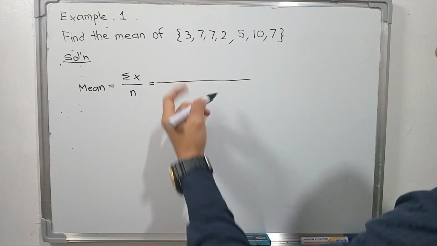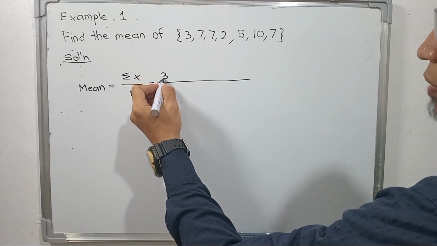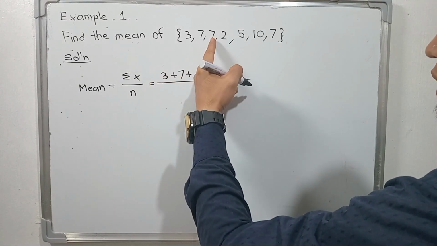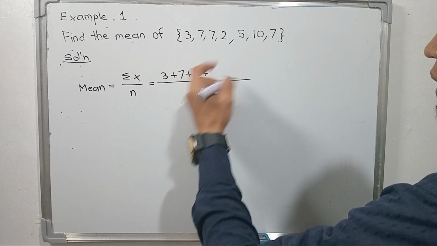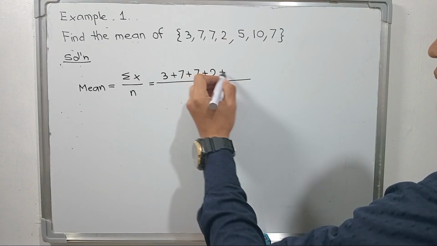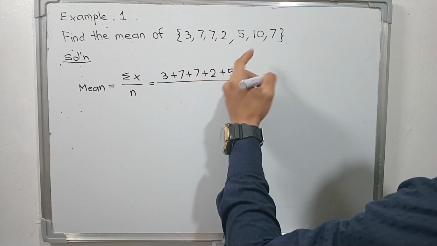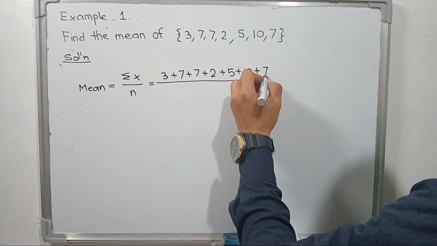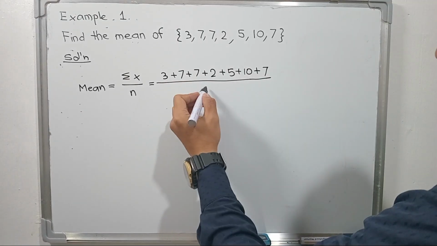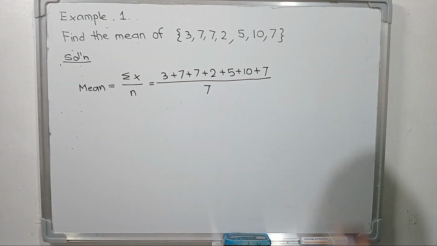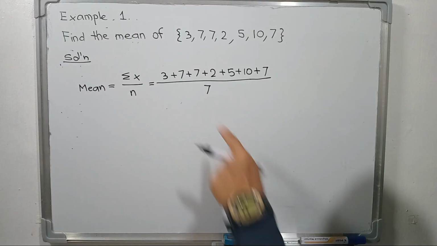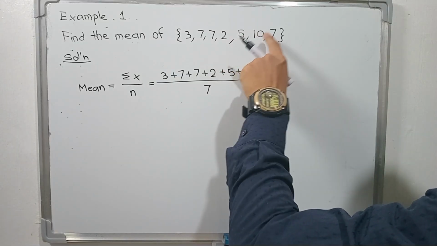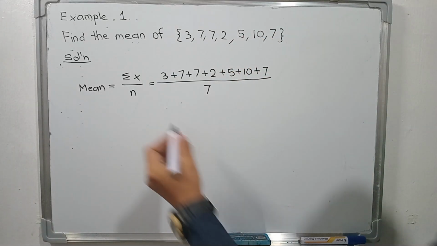So in the numerator, we write 3 plus 7 plus 7 plus 2 plus 5 plus 10 plus 7 over 7. Now you might wonder why 7. We write 7 in the denominator because we have 1, 2, 3, 4, 5, 6, 7 values in our dataset.